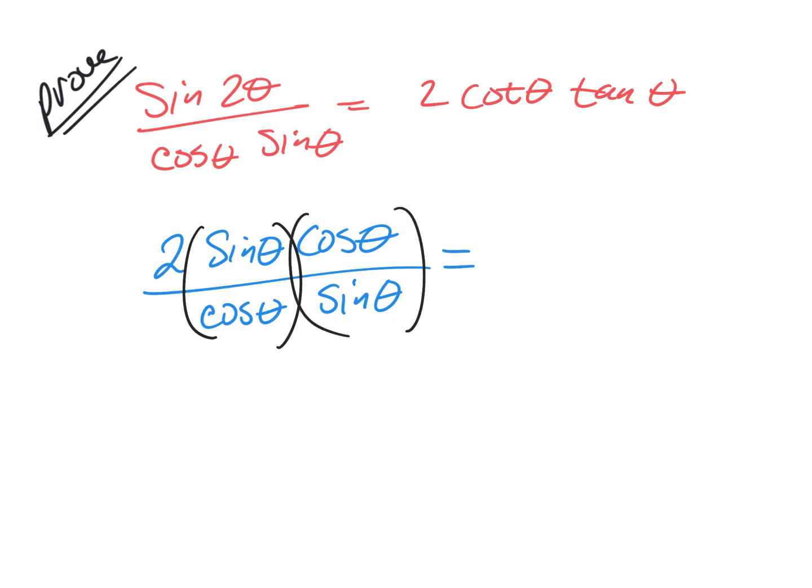Because they're equal to 1. Tell me this. Isn't sine over cosine, what did you say that was equal to? Sine over cosine is equal to tangent. And the 2 just comes down. And then what's cosine over sine?